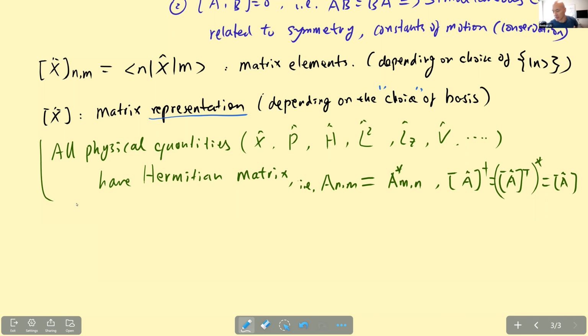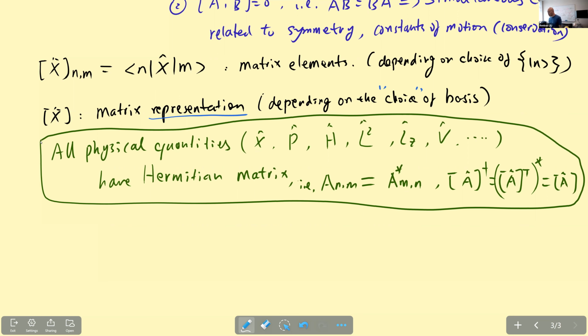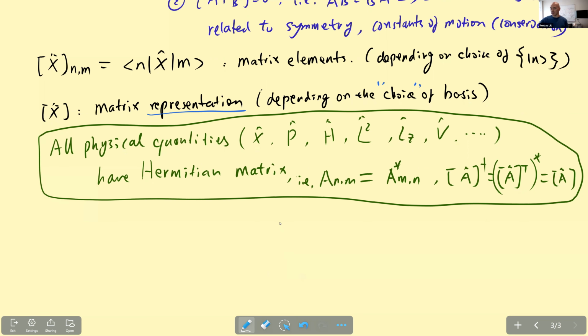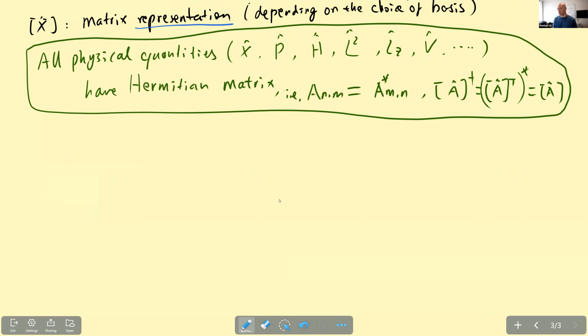Okay. So this is the property of all physical quantities. So they're all Hermitian. So I can prove this for x and p. Okay. And then you can follow the same idea to show other operators, as functions of these physical quantities, should also be Hermitian. Okay. Right.